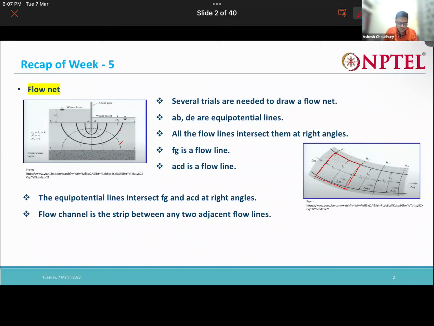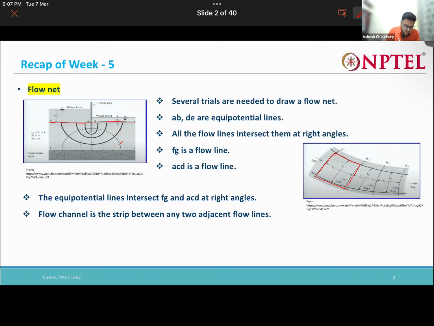If you see in the figure, AB and DE are our equipotential lines. AB is this top line and this is the DE line. Why are they equipotential lines?